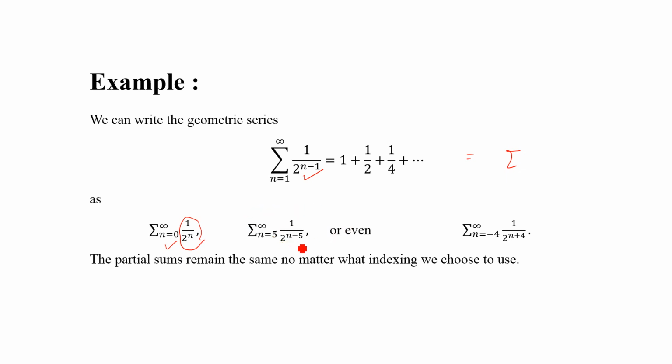You can verify it as well. When n is 5, we have 1, that is, the first term is 1. When n is 6, we have 1 over 2. So we are actually getting the same series. Next is 1 over 4 and so on. Similarly, you can verify this for this as well. So this is how we can change the index.